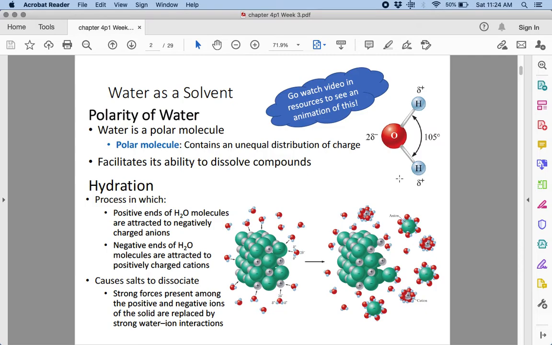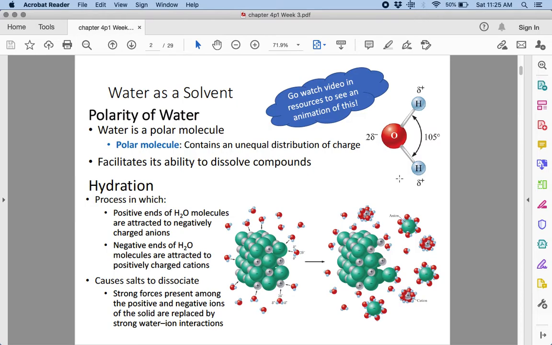There were different charges to the magnet. The same thing can happen with a molecule that has a positive and a negative side to it. And we'll talk about why and how those happen when we get to our chapter on that. But for now, just understand that water is what we call a polar molecule, which means it has these north and south poles to it.